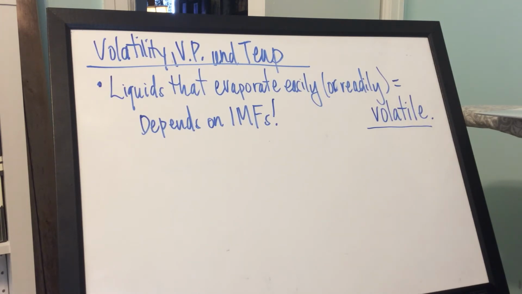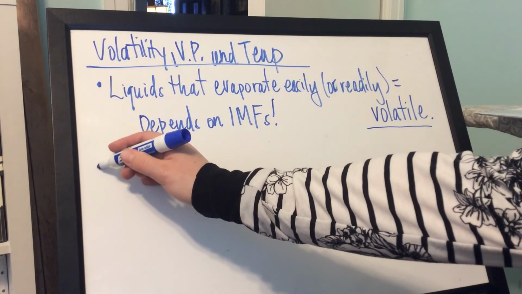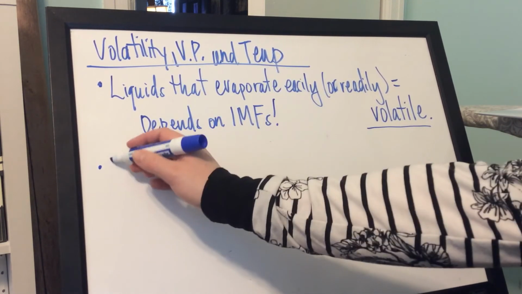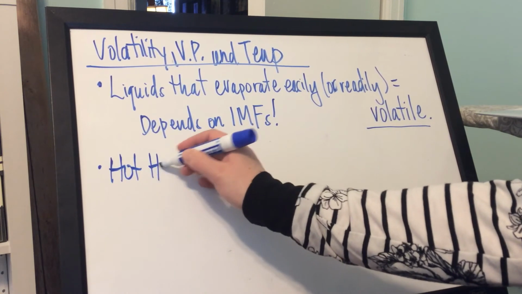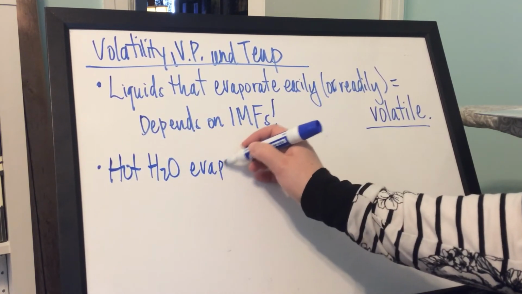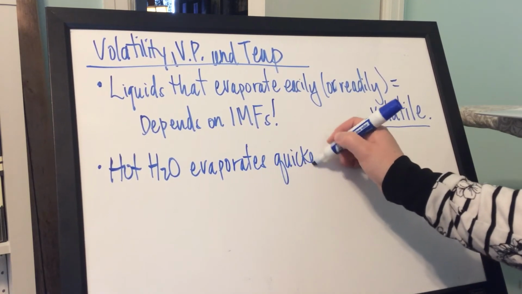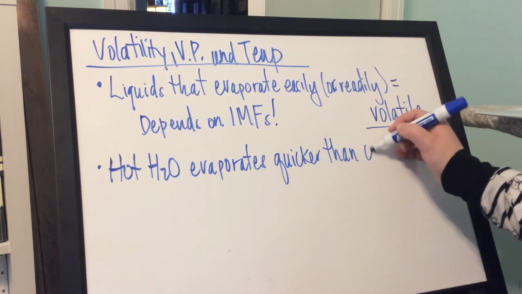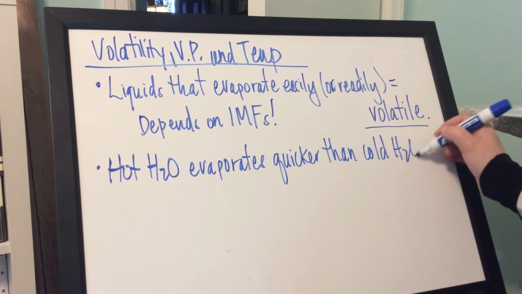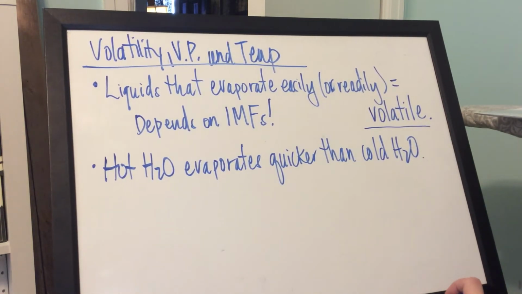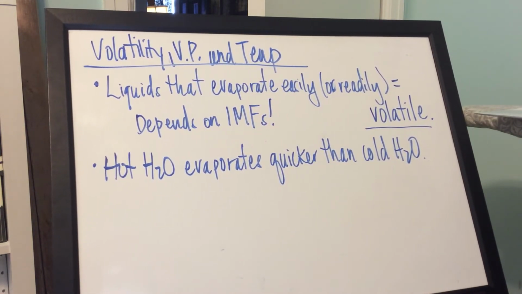And then kind of a common sense point of this whole vapor pressure and temp, I had written that hot water evaporates much quicker than cold water. Now, again, that's a little bit interesting because they're both hydrogen bonding, of course, because they're both water. But this is the idea of something that's hot has more kinetic energy and thus more energy to break those intermolecular forces.